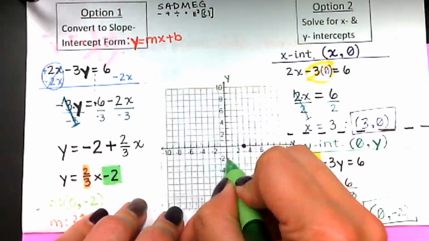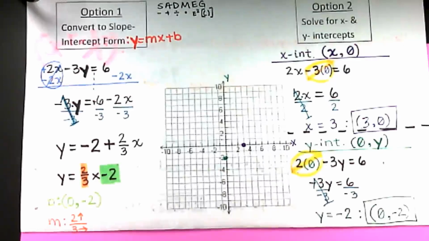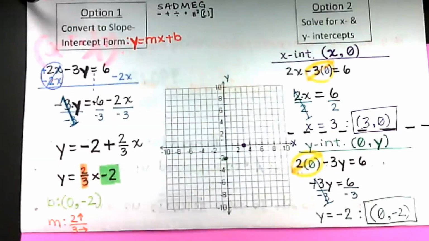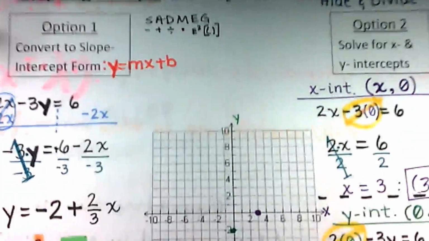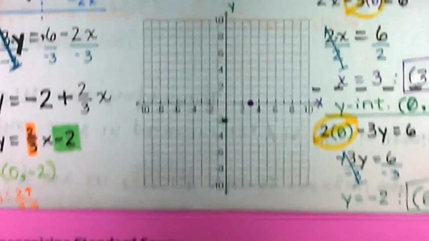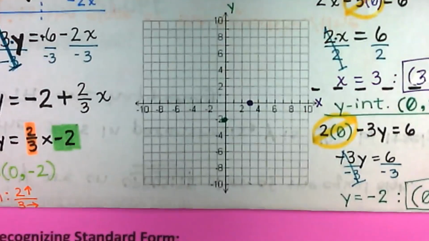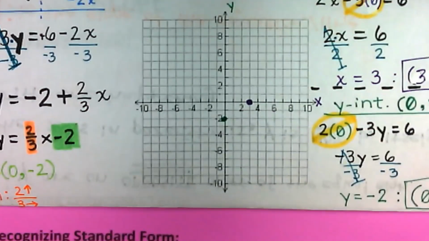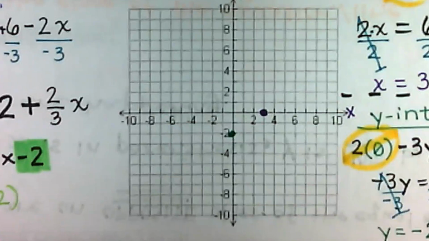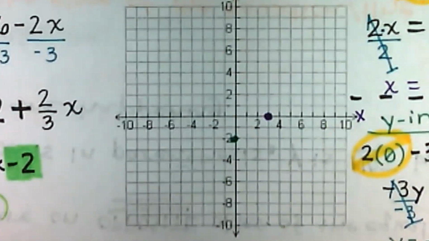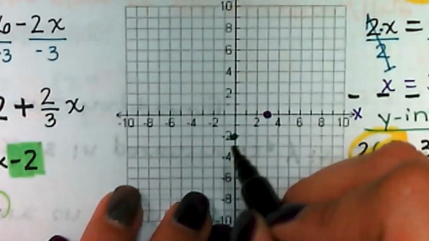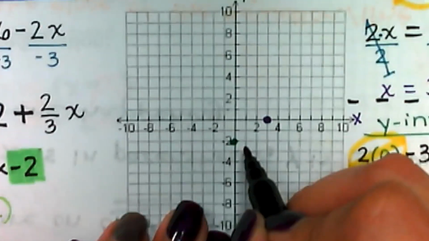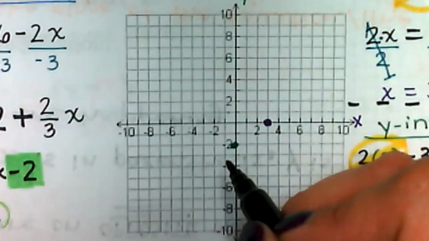Oh, there we go. Now you can see that. 0, negative 2. Now, usually I would say just grab a straight edge and connect up your line. But some of you guys want to really make sure that you have your points. So I'm going to zoom in a little bit more. I noticed that if I pay attention to the slope, which is the same as I got up here, I went up 2 and to the right 3.